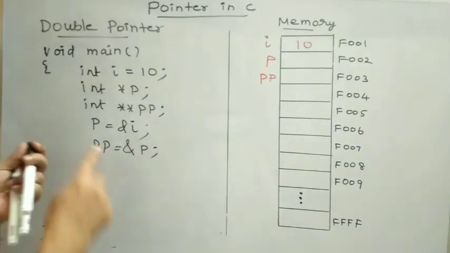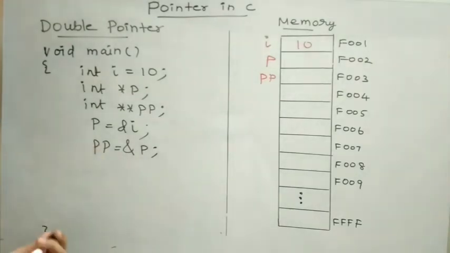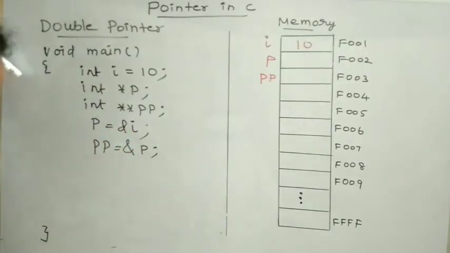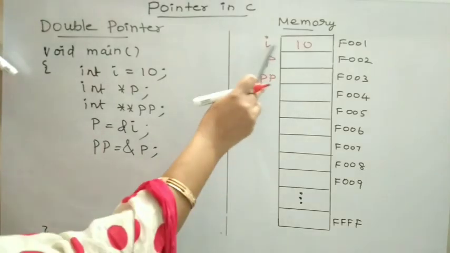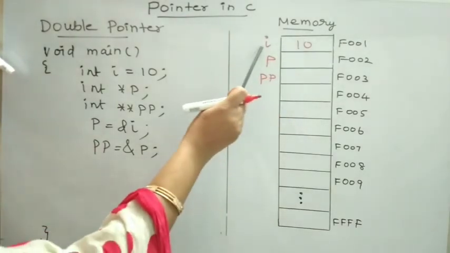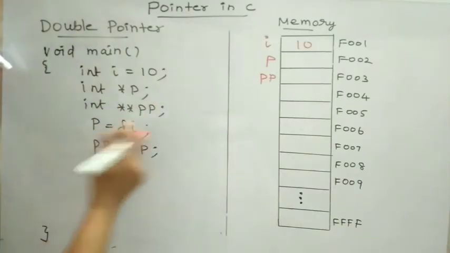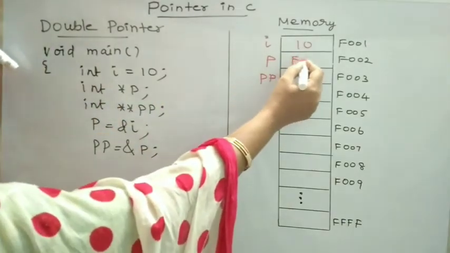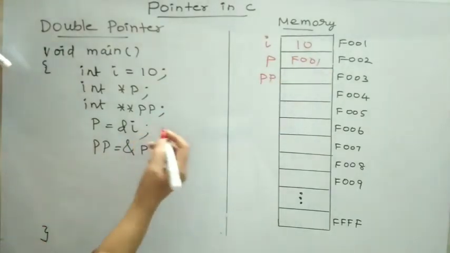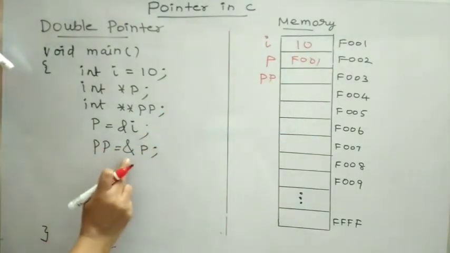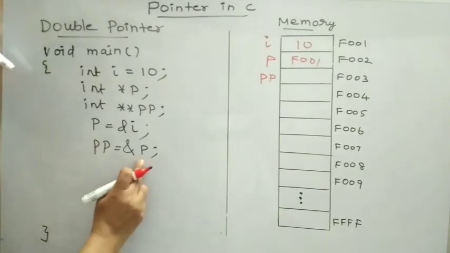When these two assignment statements are executed, the memory address of I is assigned to p. What is the memory address of I? Memory address of I is F001, value of I is 10. That is, the memory address of I, F001, is assigned to p. While executing the next statement, the memory address of pointer variable p is needed.